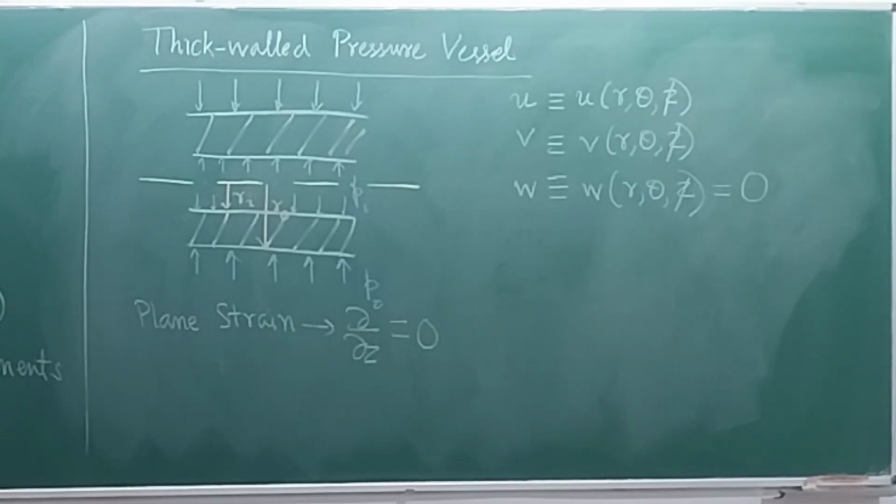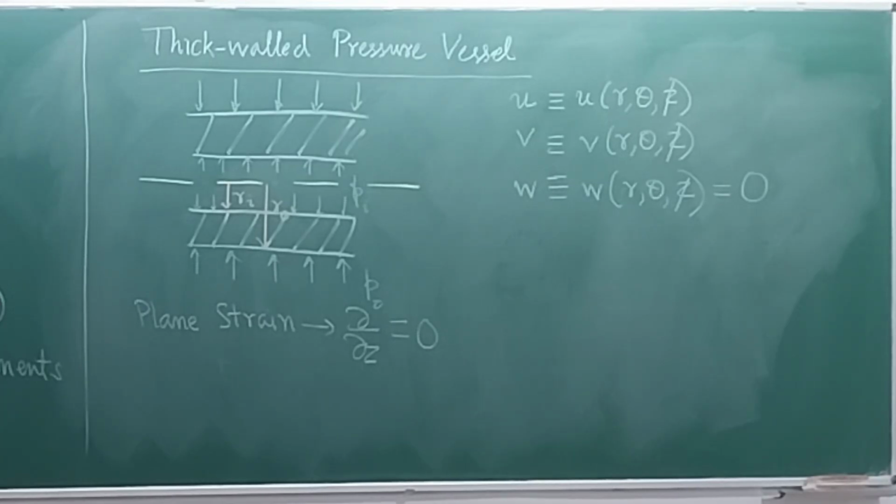It is still an axisymmetric geometry, but no longer an axisymmetric problem because the loading is not uniform along the theta direction. But in this case, the geometry is axisymmetric and the loading is also axisymmetric. Therefore, it is an axisymmetric problem.